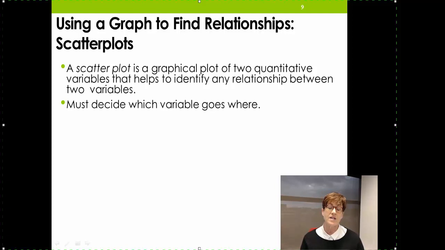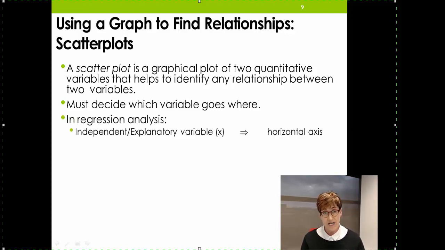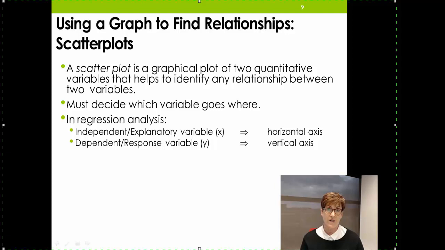We must decide which variable goes where, in other words, on which axis. In regression analysis, the independent variable is what goes on the x-axis or the horizontal axis, same thing. The dependent variable, that is the y variable, is what goes on the vertical axis.